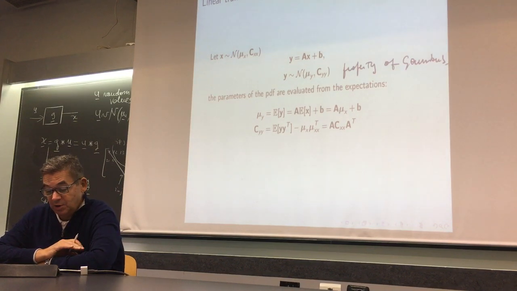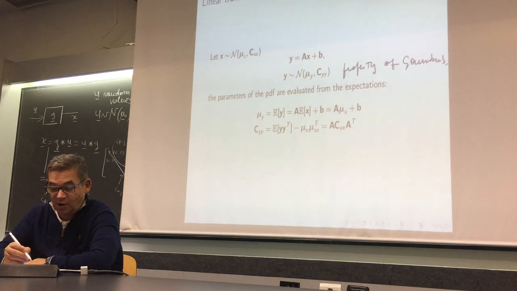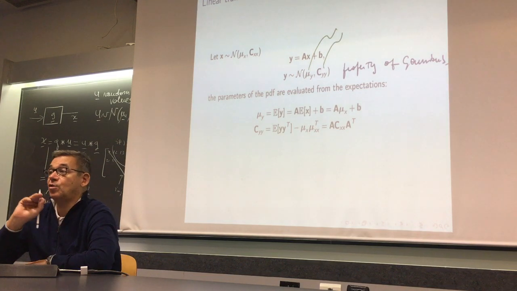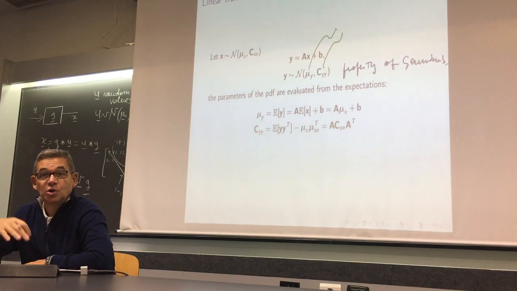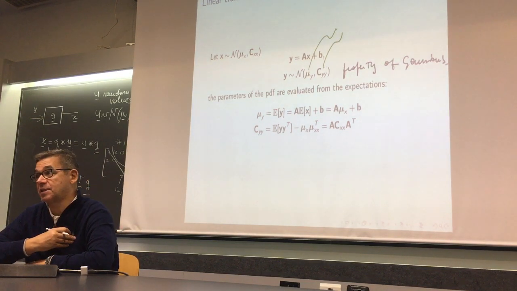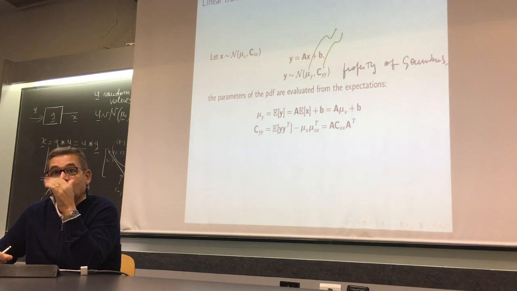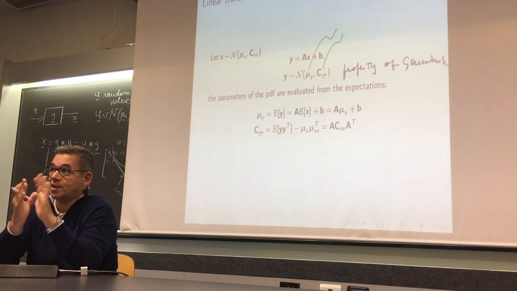Remember, the beauty of Gaussians, you don't appreciate it now, but at the end you will appreciate it a lot. The beauty of Gaussians is that they are fully determined by two quantities, the mean and covariance. Whatever the complex behavior and environment, if you have Gaussians and you have the mean and covariance, you're done.